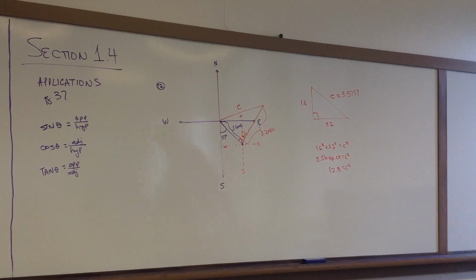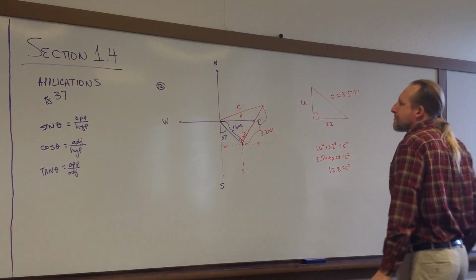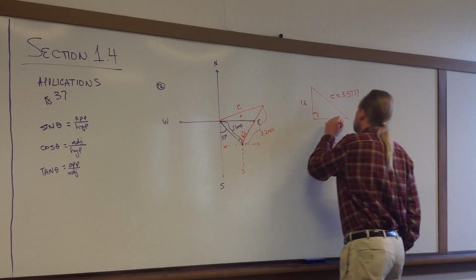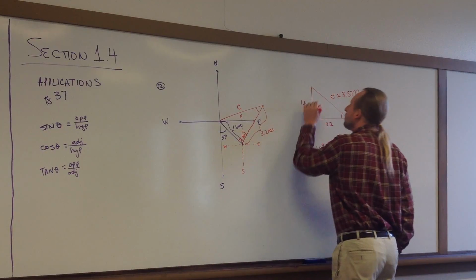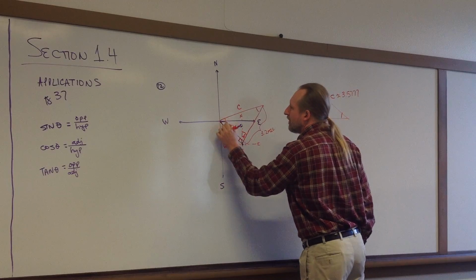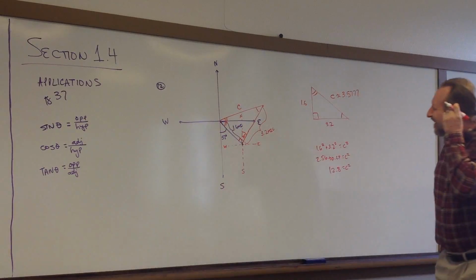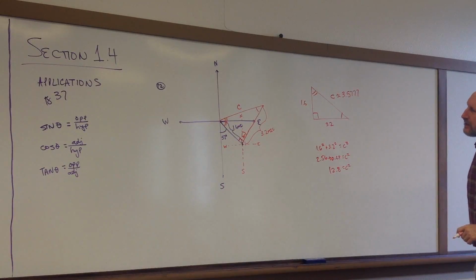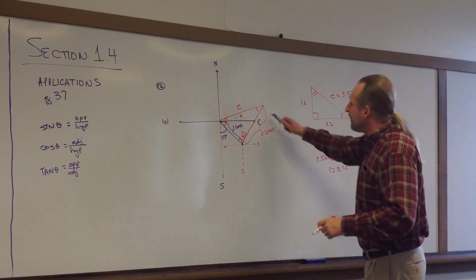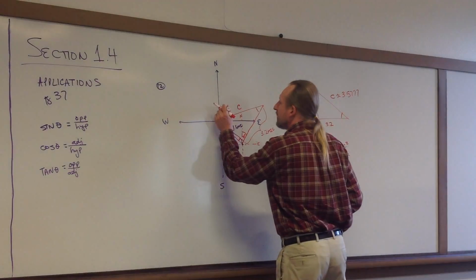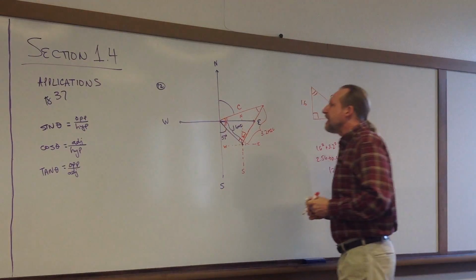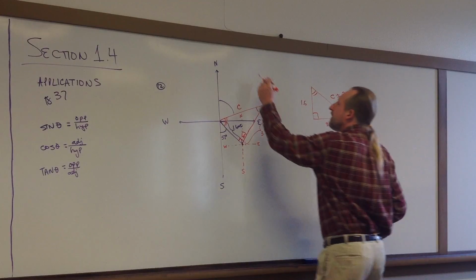We could start going and finding some angles, right? Because we've got an angle here, and then we've got a second angle up here. What we really need to know to describe the bearing of this point is this many degrees east of north, right?